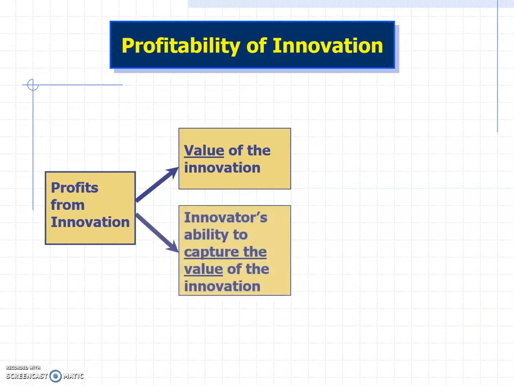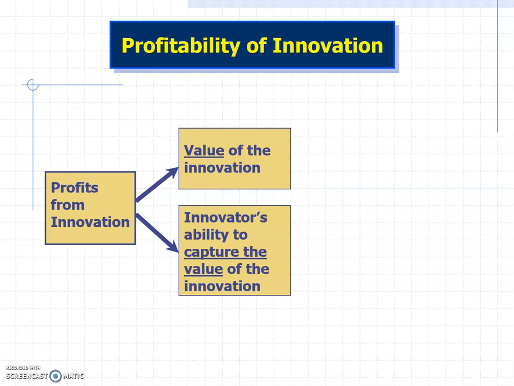And the other one is the innovator's ability to capture the value of the innovation. That is, how able they are to wrap their arms around the profit and pull it in and keep other competitors or suppliers, or even the customers, from pulling that economic value away.